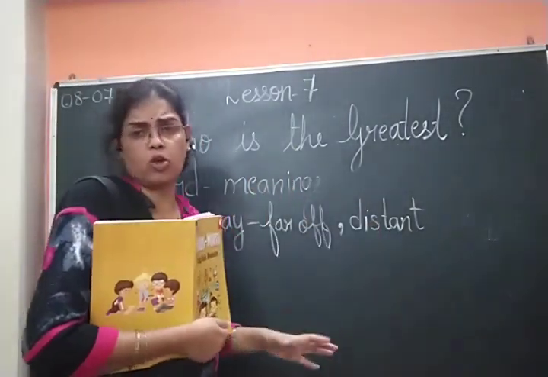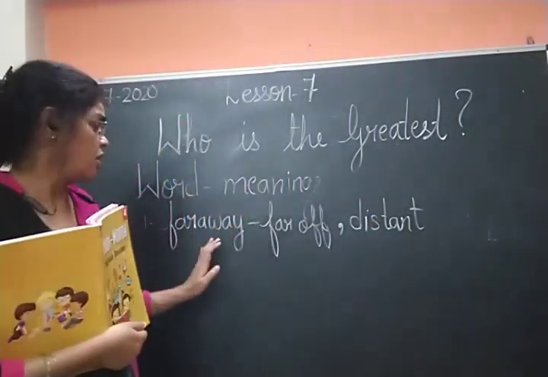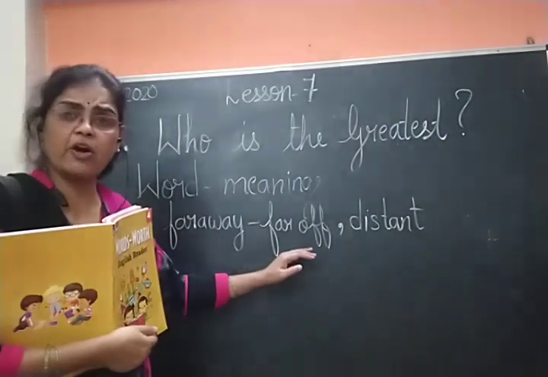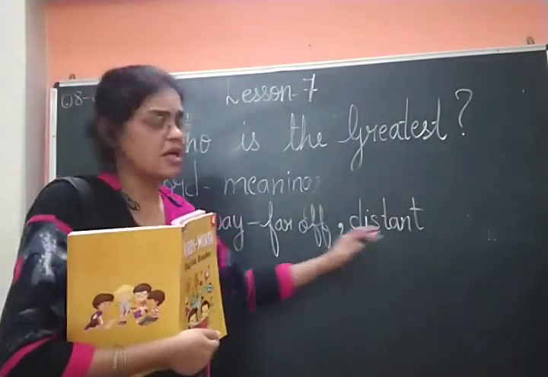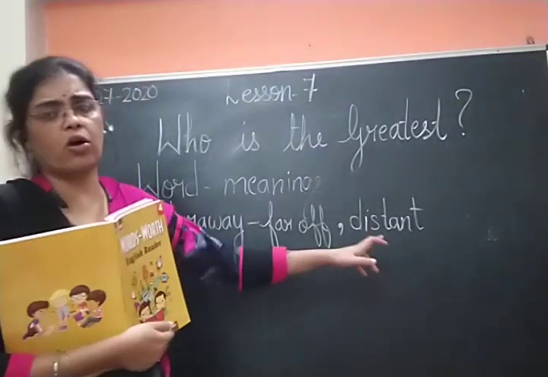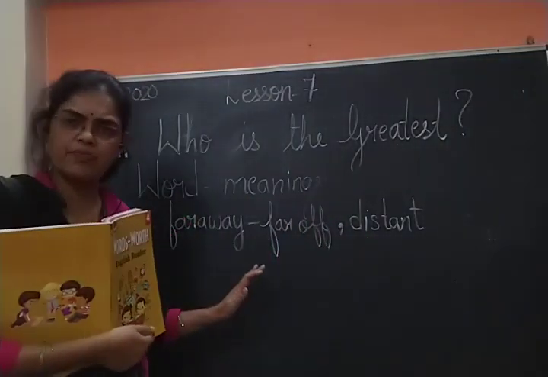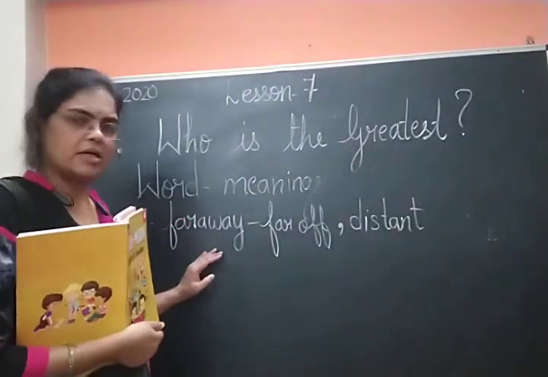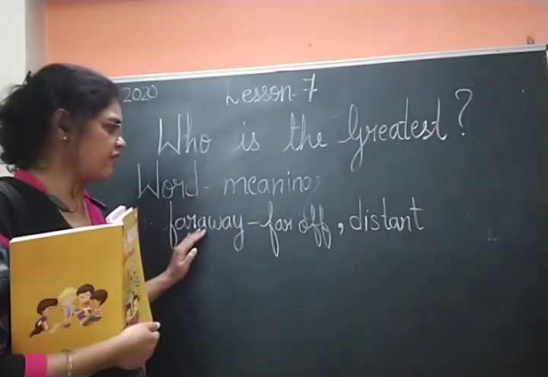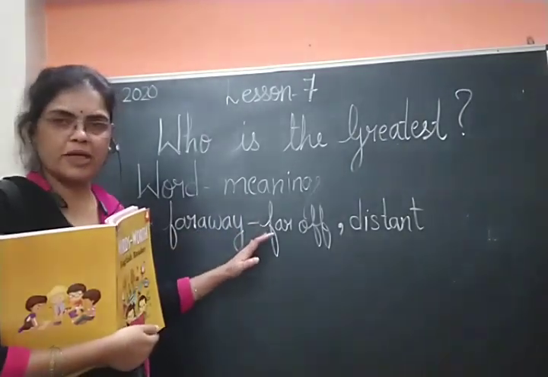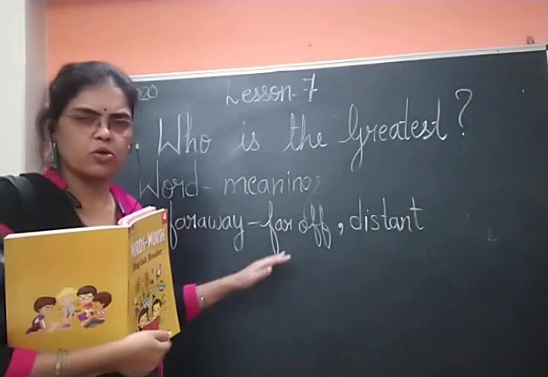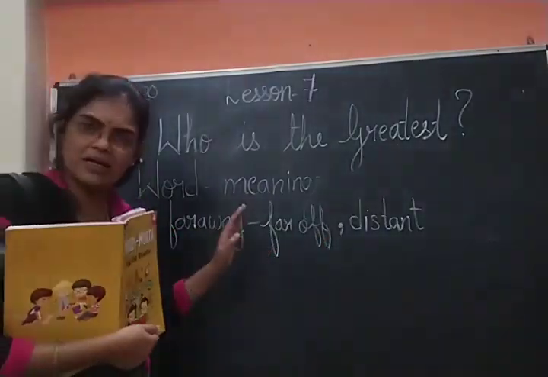बहुत दूर, Hindi we call it बहुत दूर. So far away means far off or distant. You can write any one of these words, whichever you find easier for you. Far away has got two meanings, far off or distant. दोनों का meaning same है, but words are different.